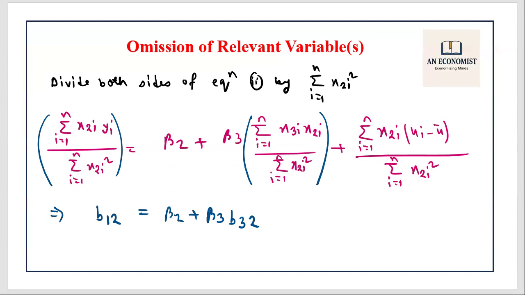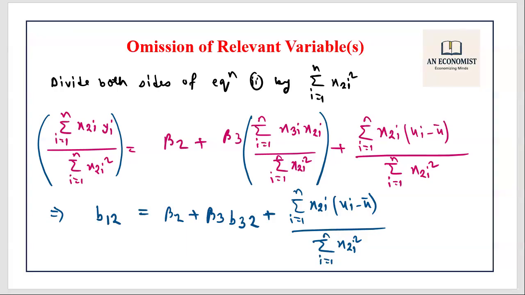So this entire thing is B32, the partial regression coefficient of x2 and x3. And then the remaining terms remain the same, summation i from 1 to n (ui minus u bar) over summation i from 1 to n x2i square.